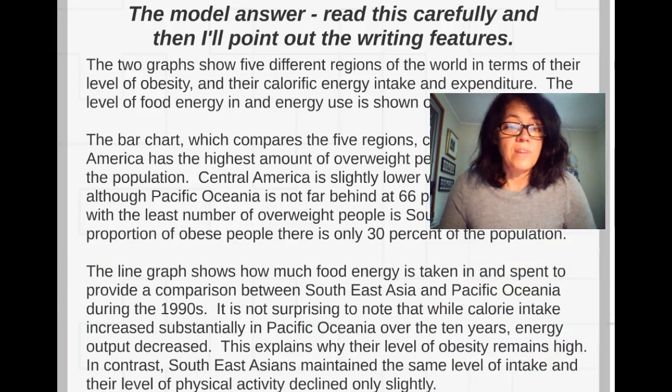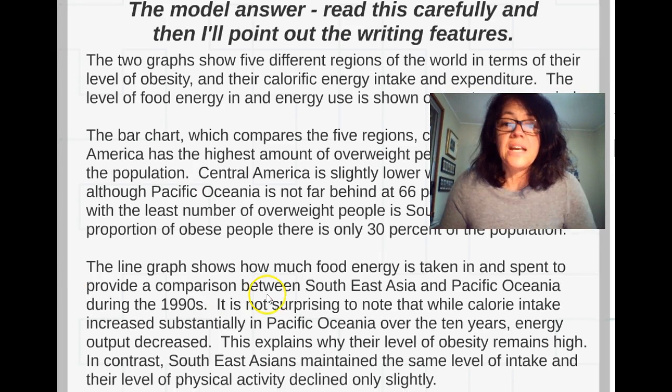The line graph shows how much food energy is taken in and spent to provide a comparison between Southeast Asia and Pacific Oceania during the 1990s.